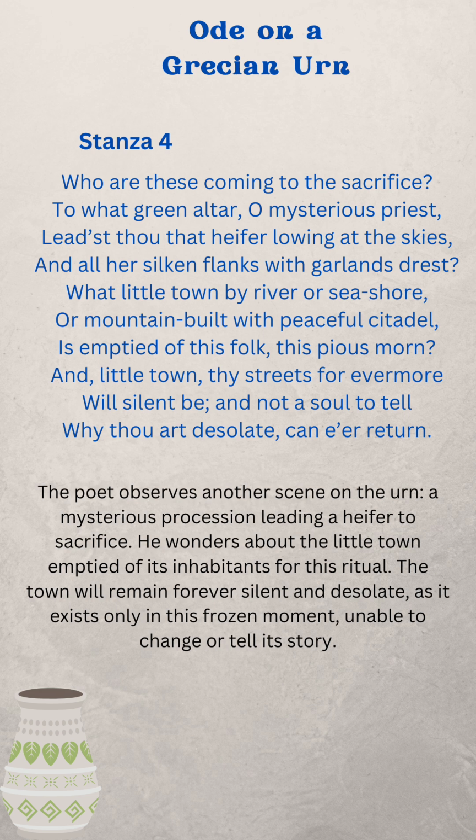And the poet wonders where are they going and from where they have come. There is a priest who is mysterious. That means an unknown priest. The priest is leading a heifer.